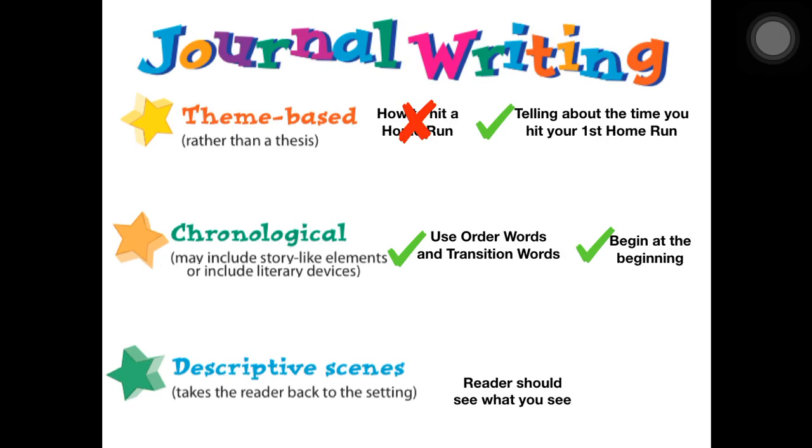So when you're the writer, you want to express well enough to the reader that they are picturing in their head pretty much the same thing you're picturing in your head. So your reader should see what you see.